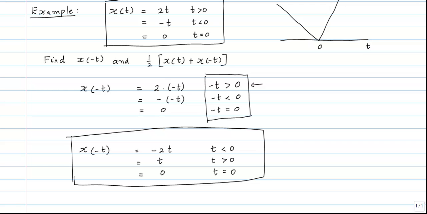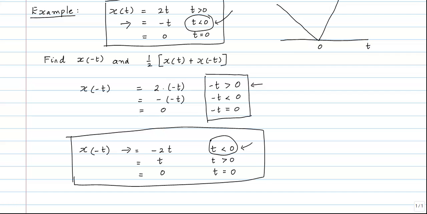You have to be very careful to add only the expressions for x of t and x of negative t that are both defined over the same range of t. So for example, when I add the two of them together, for values of t less than 0, what I should really get is negative t from here and negative 2t from here, because these are the two expressions that are defined for t less than 0.